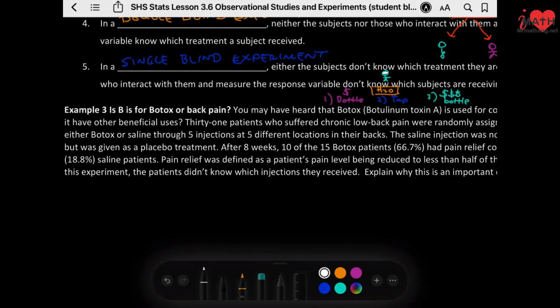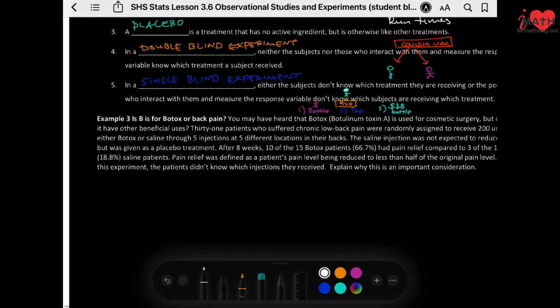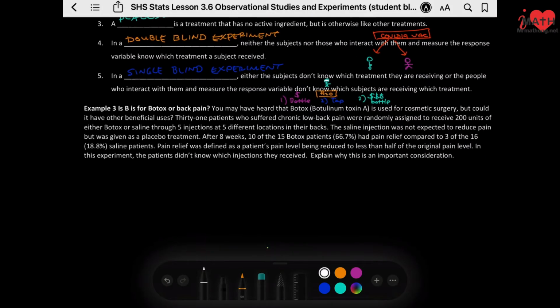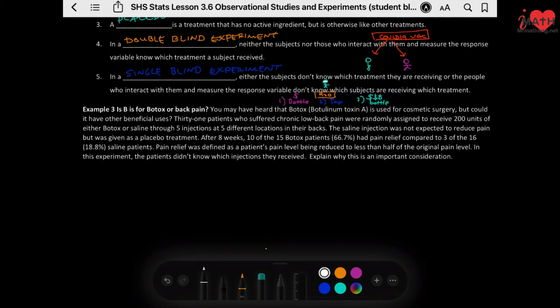All right, let's do example number 3. Is B for Botox or back pain? You may have heard that Botox, botulinum toxin A, is used for cosmetic surgery, but could it have other beneficial uses? 31 patients, n equals 31, who suffered chronic low back pain were randomly assigned to receive 200 units of either Botox or saline.